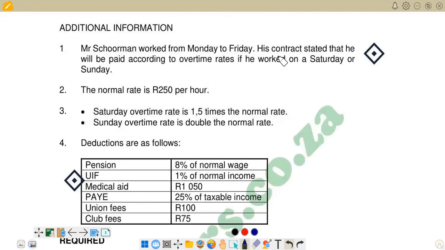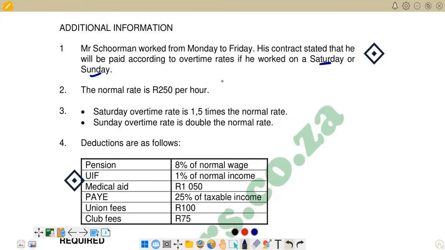His contract stated that he will be paid according to the overtime rates if he worked on a Saturday or Sunday. So overtime is on Saturday and Sunday. If you look at our table, we've got an allocation of the hours that he worked on Saturday and Sunday. Then on item 2, it's saying the normal rate is 250 per hour.